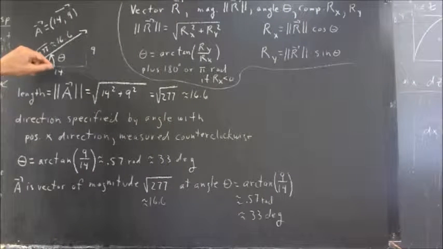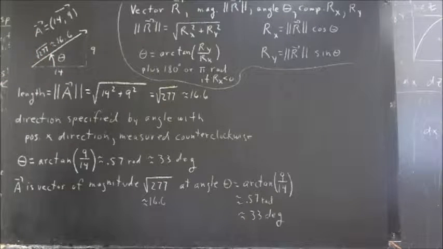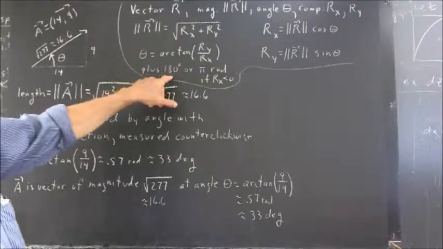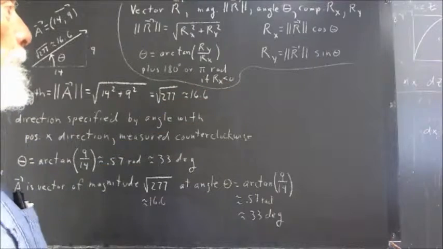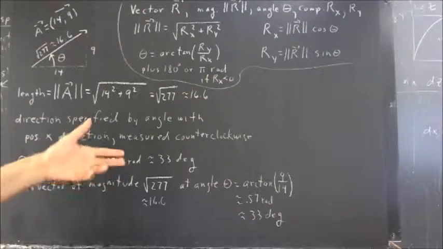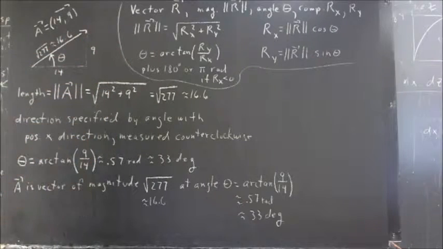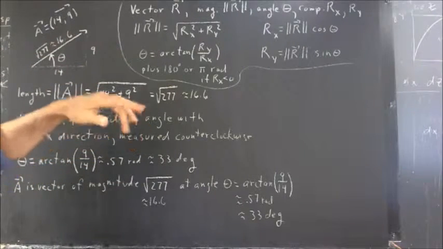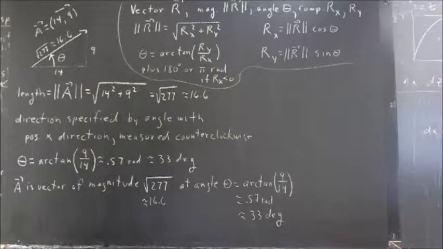Now, the angle you get by taking the arctangent isn't necessarily the angle. We add 180 degrees or pi radians if the x component is less than 0. And typically if we get a negative angle, we use the coterminal angle, between 0 and 360 degrees, or between 0 and 2 pi radians.